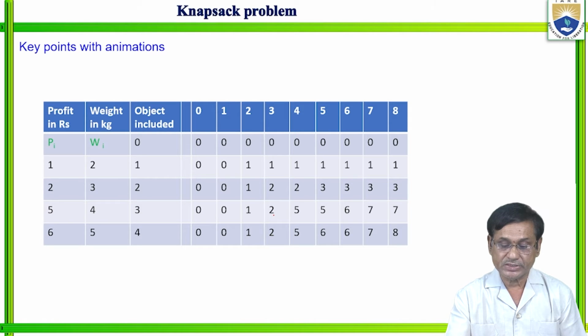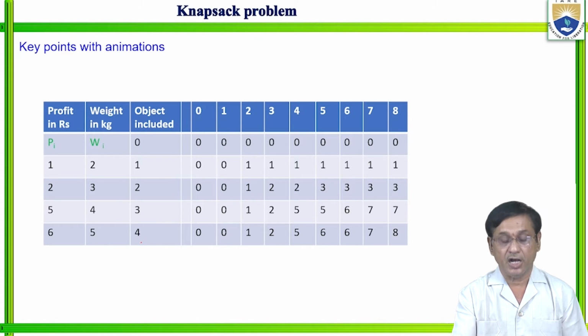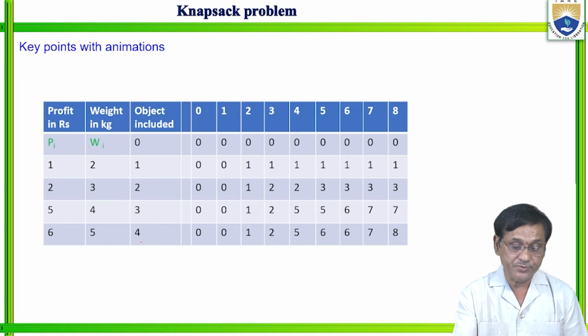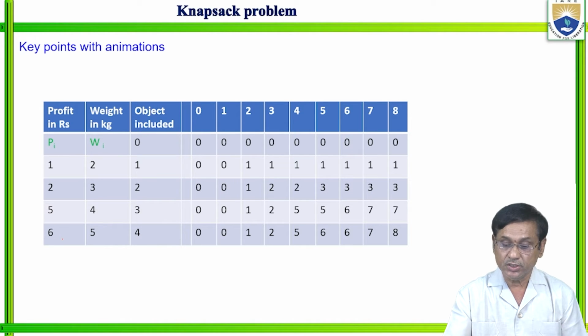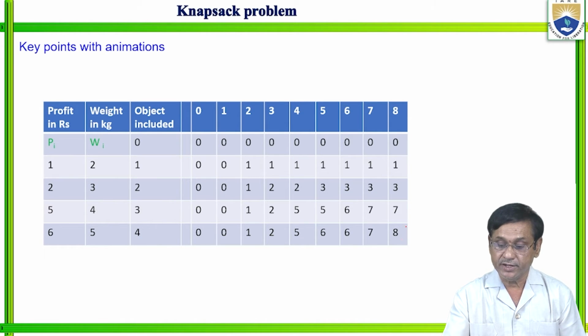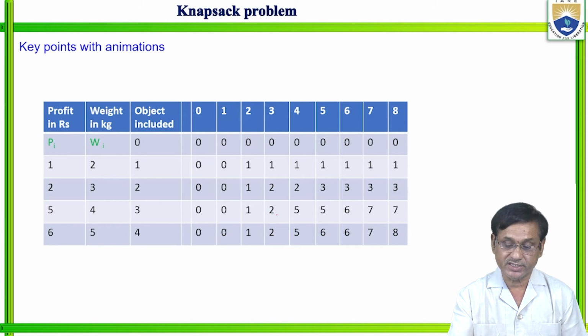The profit corresponding to object 4 is 6. Now subtract this 6 from 8, 8 minus 6 is 2. Now check whether 2 is there in the previous row. Yes, 2 is there in the previous row.